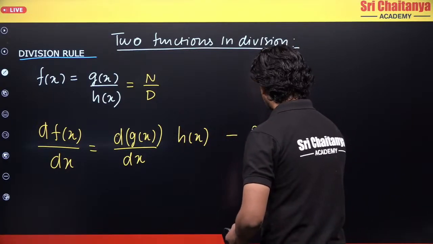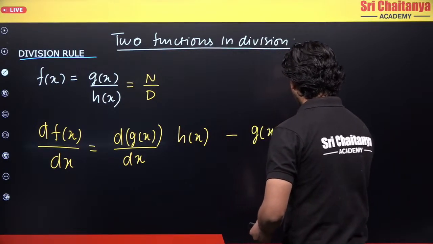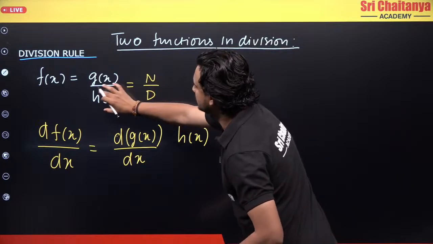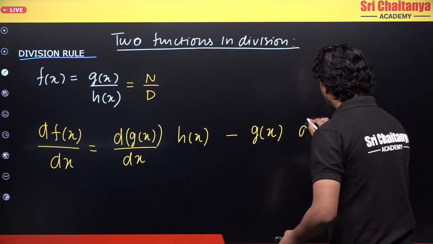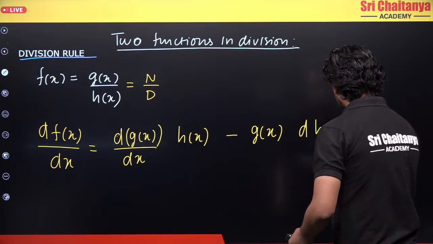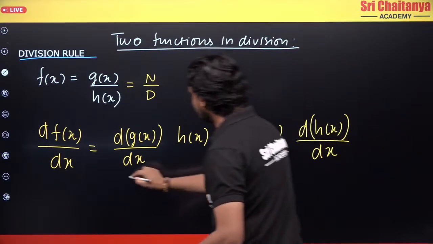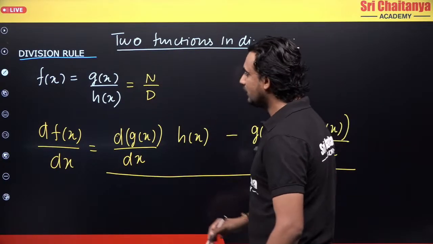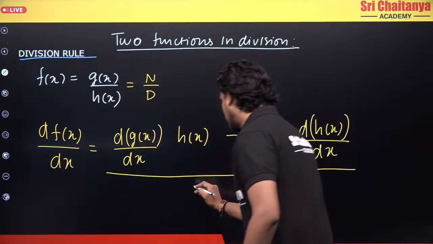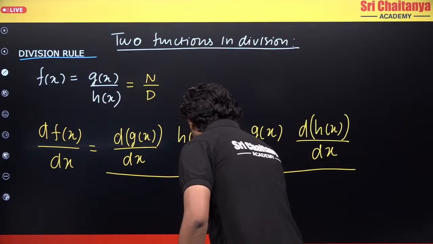The nurse is the numerator and the doctor is the denominator. Finally, who will take the money? The doctor will take the money, so I will say h(x) square.